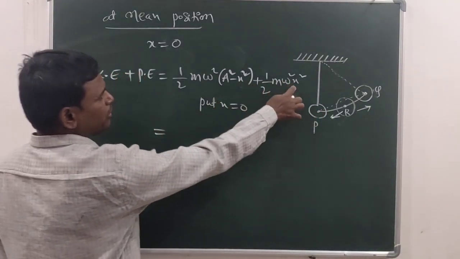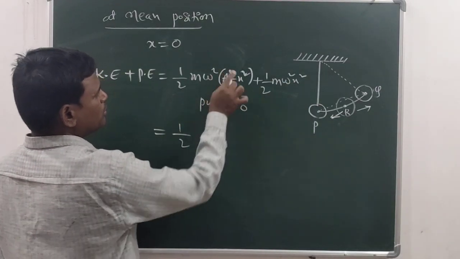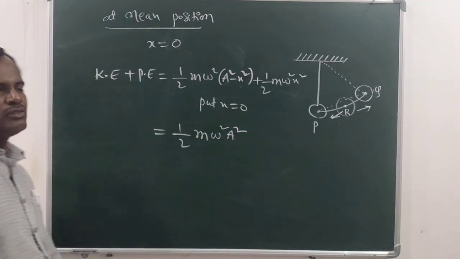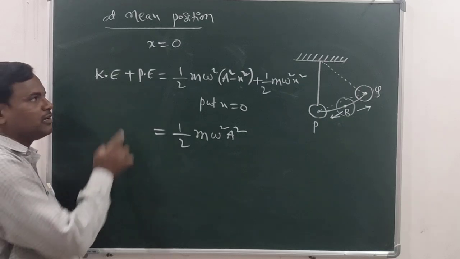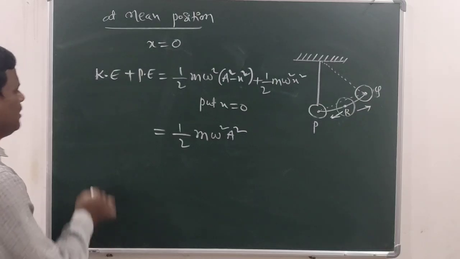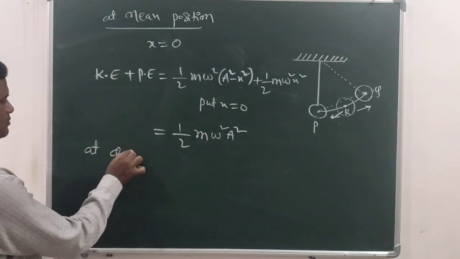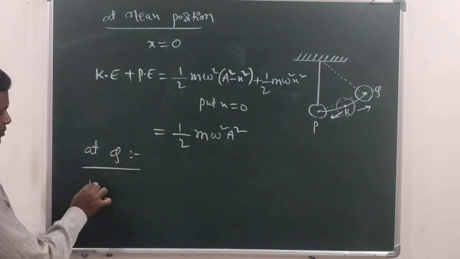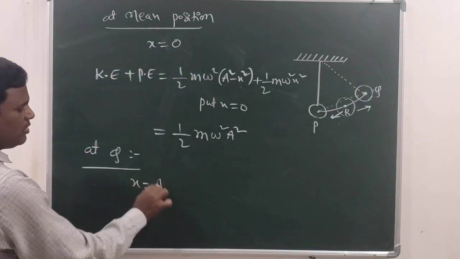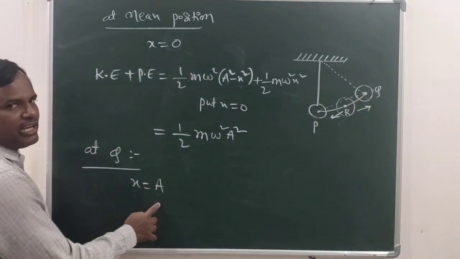If you write x equal to 0 here and here, this part becomes 0, this part becomes 0. So I will get 1 by 2 m omega square a square. This is the sum of the kinetic energy plus potential energy at mean position. Keep it aside. Now let us go to maximum displacement at Q. As you know, at Q, x equal to a.